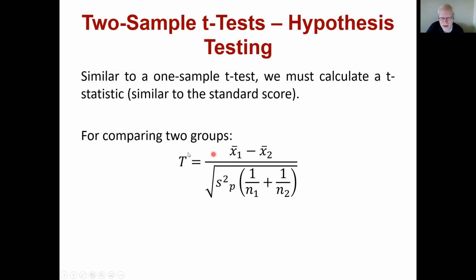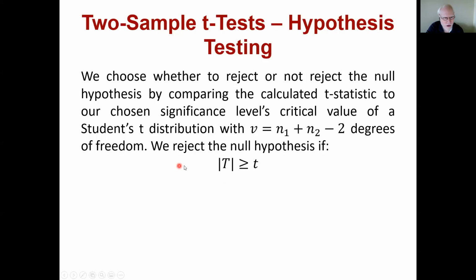And then we need to see, is this more extreme than our critical value? So we choose whether to reject or not reject the null hypothesis by comparing the calculated t statistic to our chosen significance level critical value of a Student t distribution with v equal to sample size 1 plus sample size 2 minus 2 degrees of freedom.